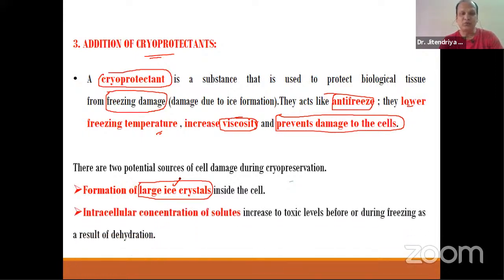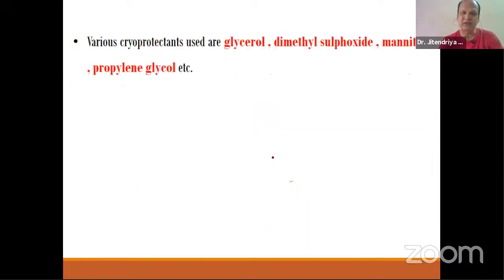Second, there is a chance that the intracellular concentration of solutes increases, and if it increases, a toxic level can arise. So before or during freezing, these two possibilities may be there. To avoid them, cryoprotectants are mostly used.